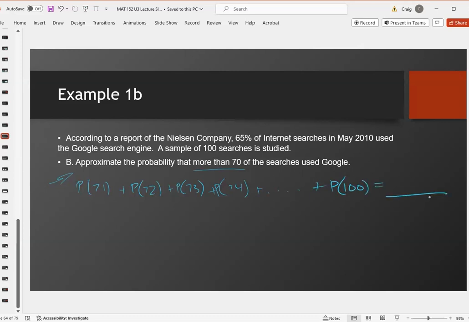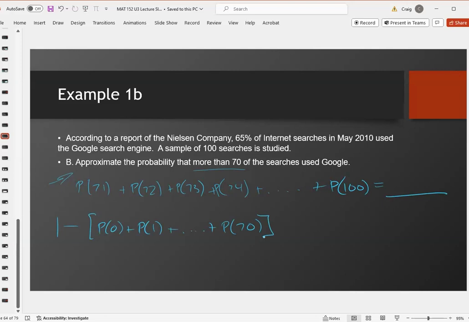Okay, the other way we could do it is we could say 1 minus and then add up all the probabilities from 0 until we get to 70. That'd be everything. Either way, this is going to take a little while. Right?